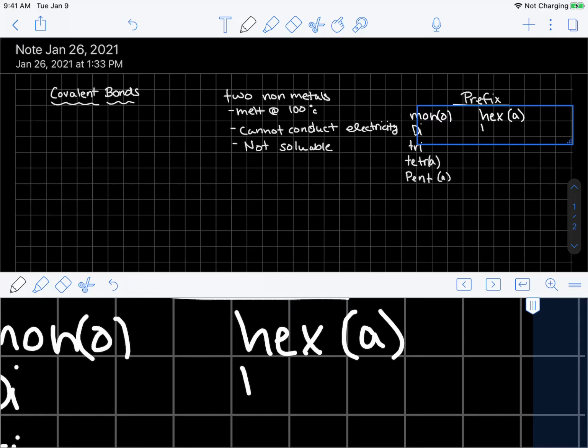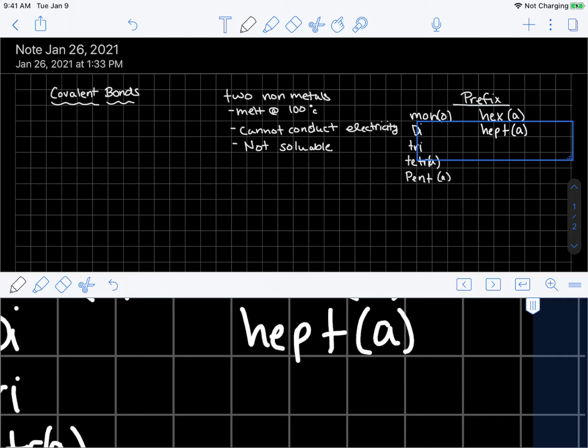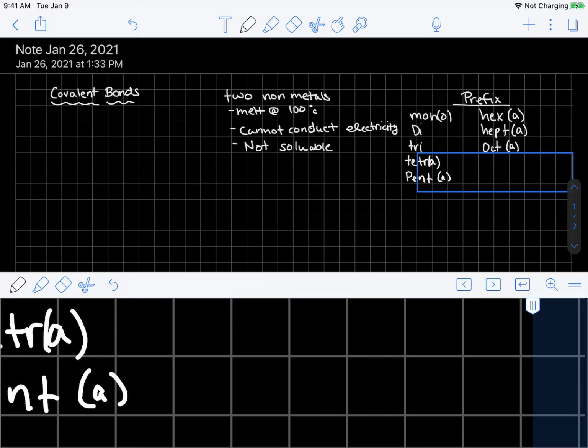these are in numerical order. Hepta, octa, nona, and deca. You guys have heard these before when we talk about polygons, right?